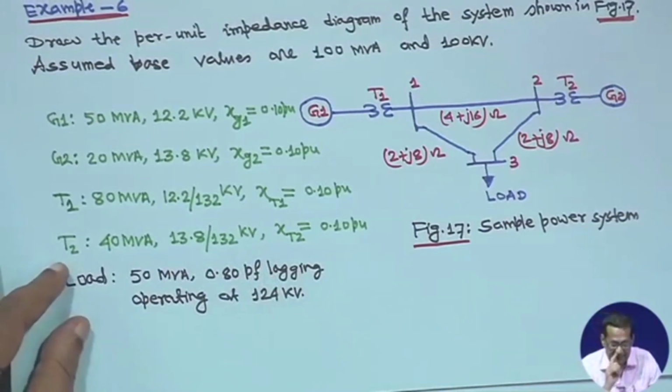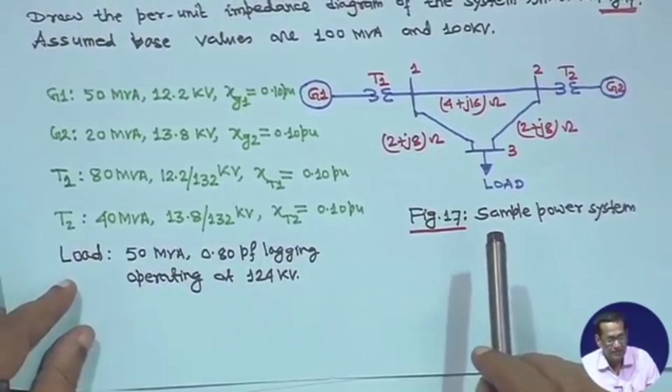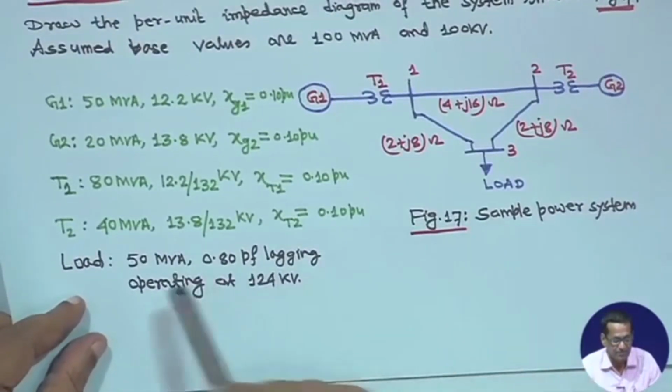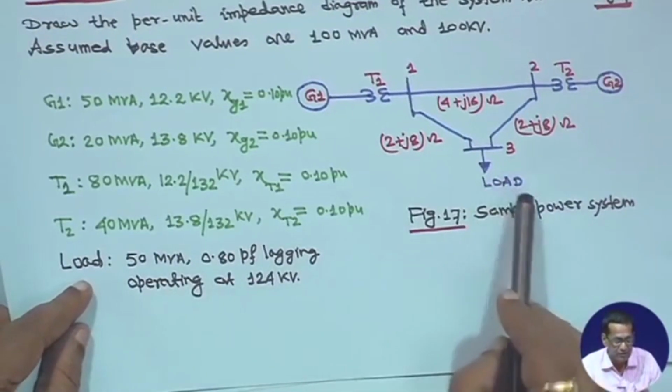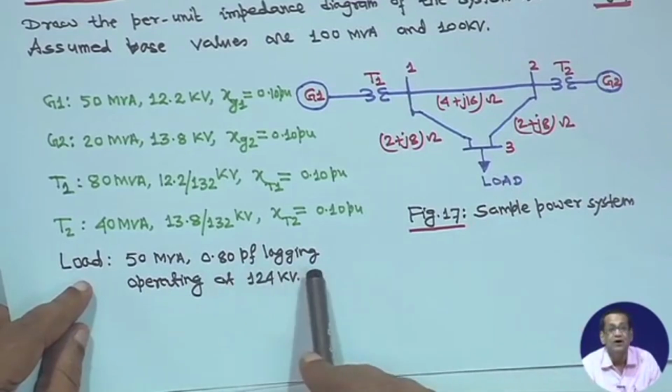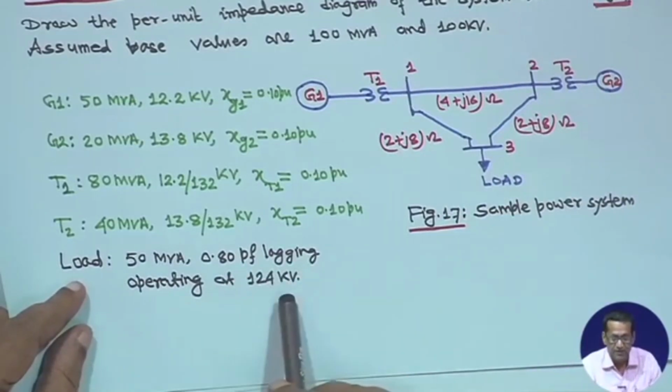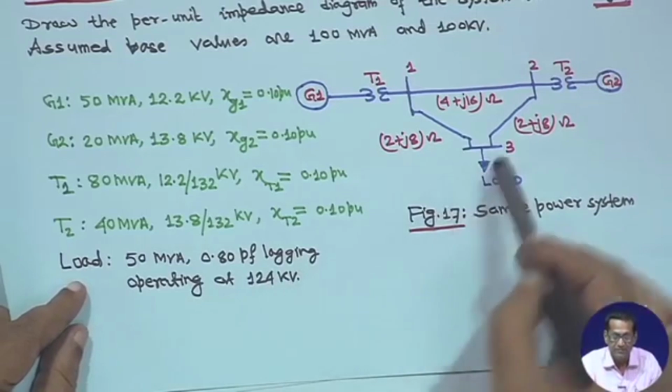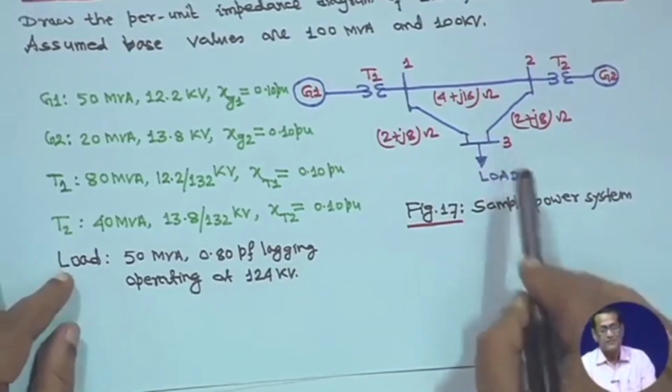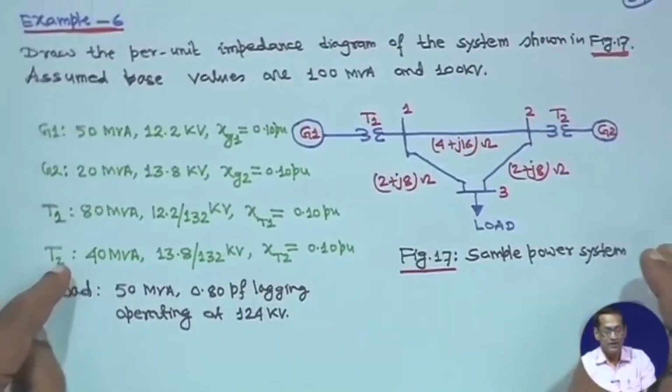The load is 50 MVA, 0.8 lagging power factor and operating at 124 kV, that means the voltage of bus 3 is actually 124 kV.